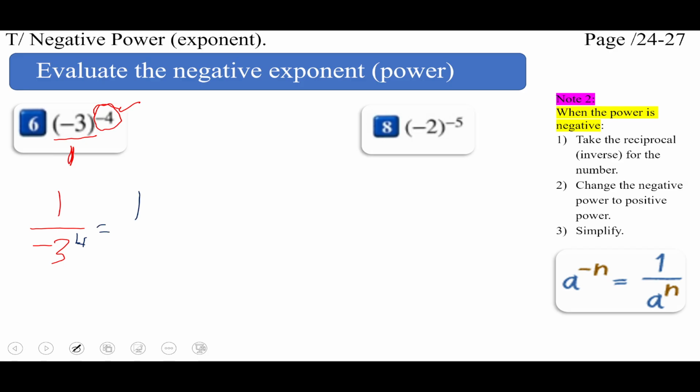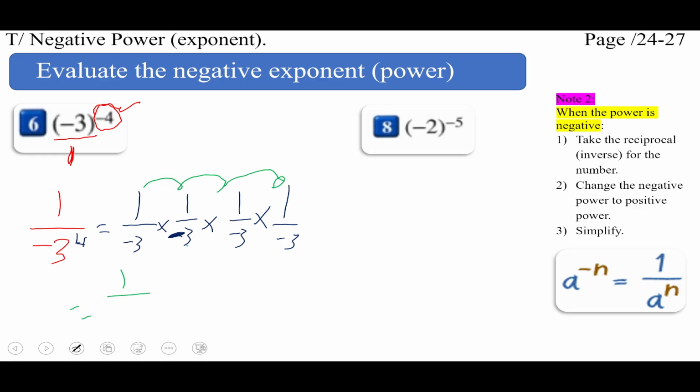Now evaluate 1 out of -3 times 1 out of -3 times 1 out of -3 times 1 out of -3. Okay, multiply them. So 1 times 1 times 1 times 1 is going to be 1. 3 times 3 times 3 times 3 is going to be 81.